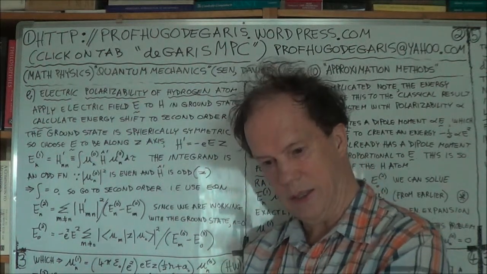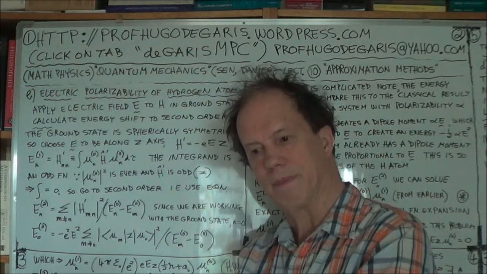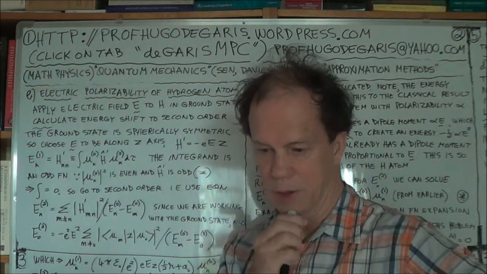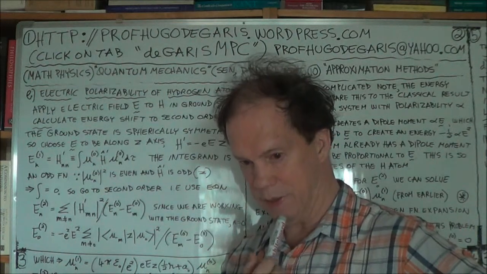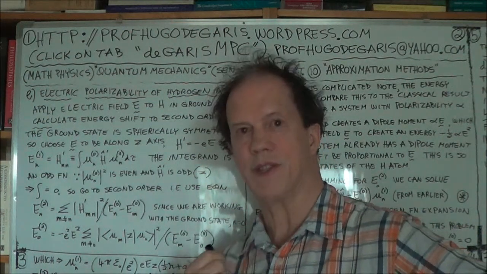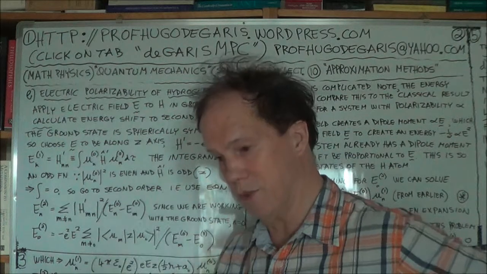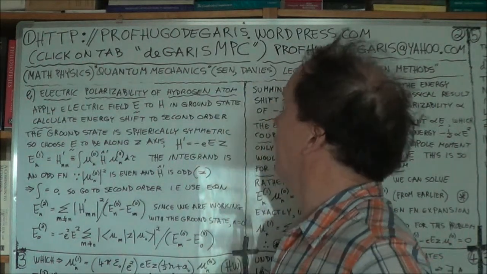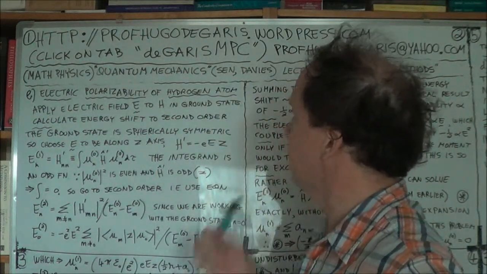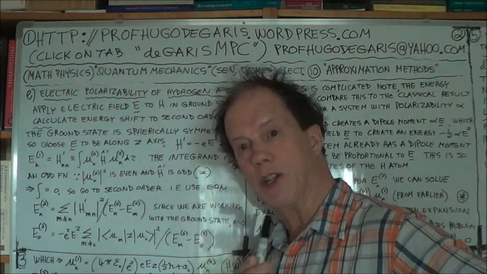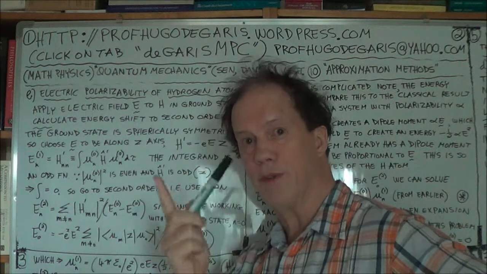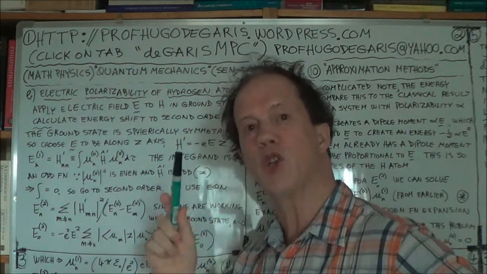You may remember from earlier lectures on the hydrogen atom that the ground state is symmetric. It's a so-called S wave. S, I assume, stands for symmetric. And you're asked to find the energy correction to second order, not first order. So you ask for E2.